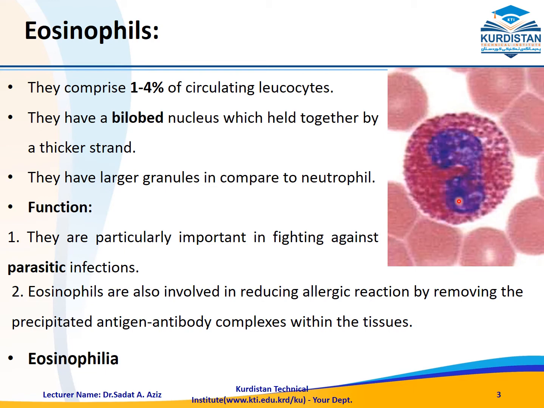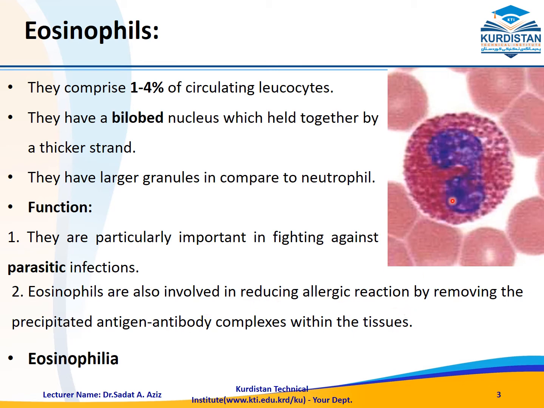Eosinophil has some functions, and the most important function of the eosinophil is fighting against parasitic infection. So when there is an increase in the number of eosinophils, you can directly expect a parasitic infection, because this cell is responsible for fighting against the parasitic infection.